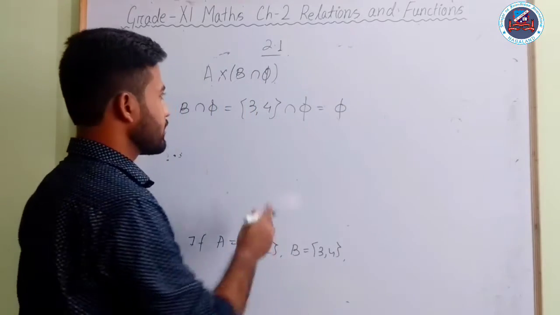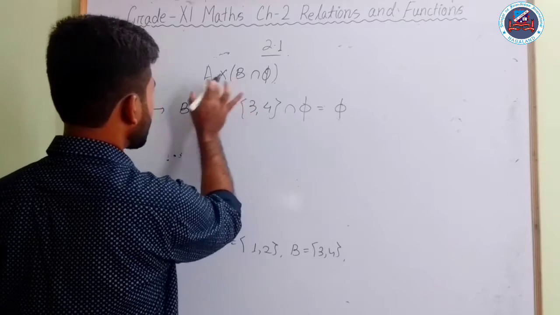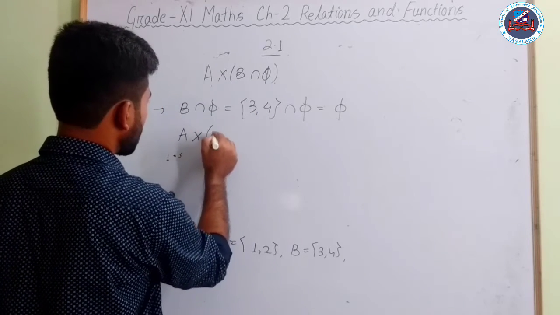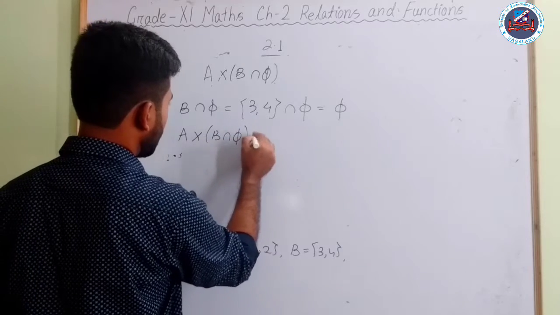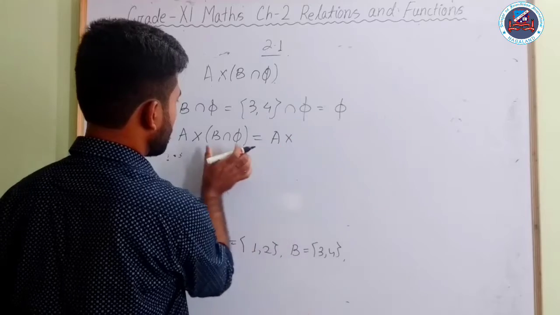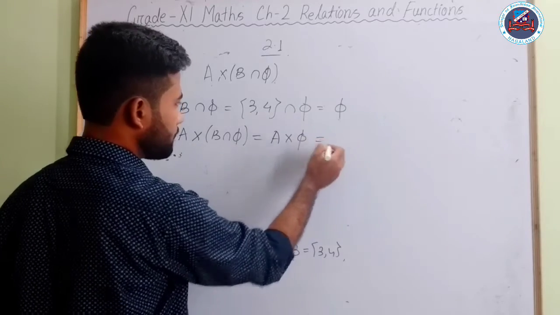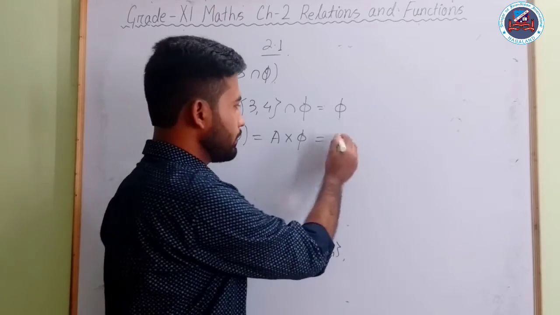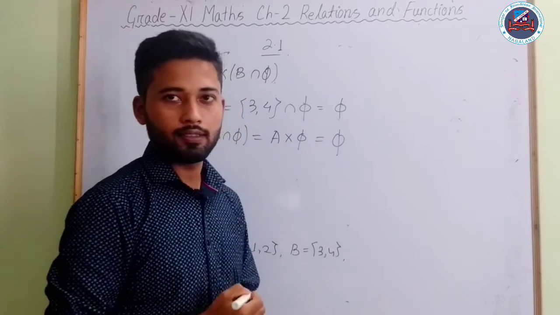And next we have to take the cross product, that is A cross (B intersection phi), and that will be equal to A cross phi, and the Cartesian product of A with phi will always be phi. Why?